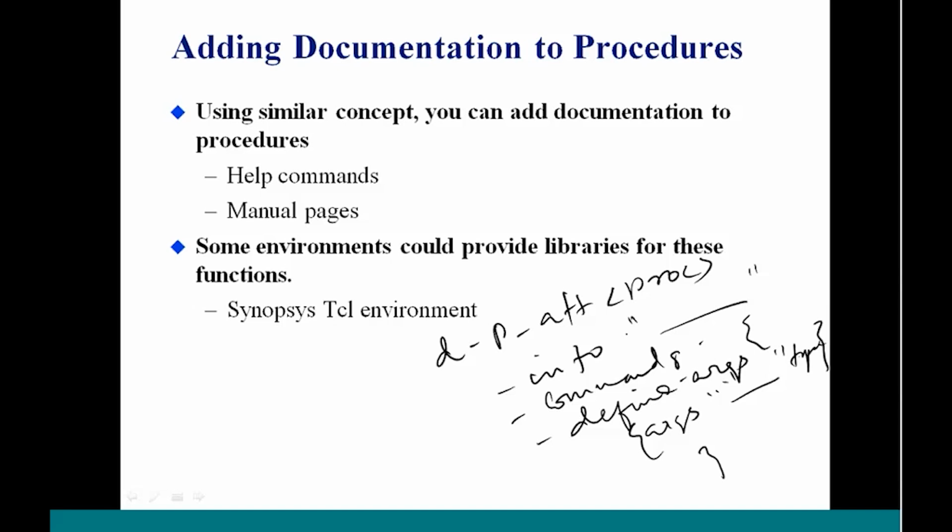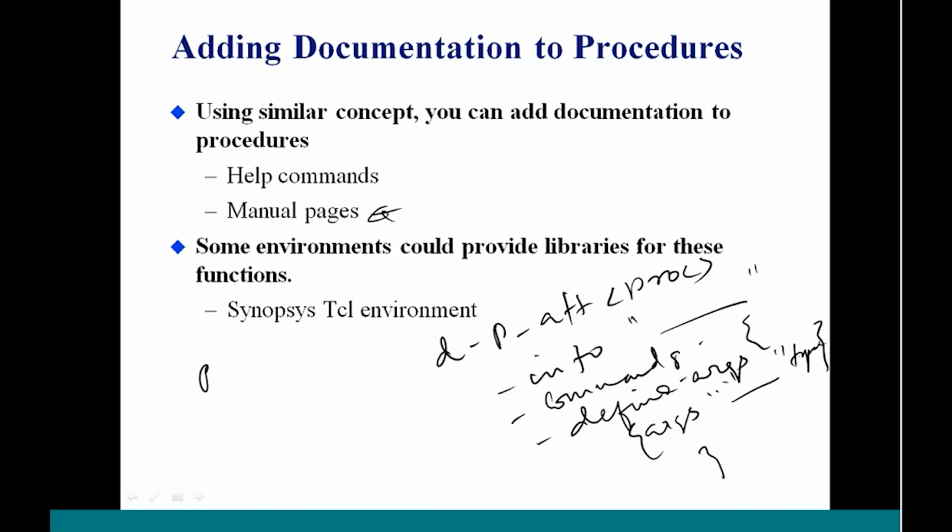So anyone who wants to write the help procedure, or any type of arguments or manual pages, can use this command to describe that, and it will be together with the procedure.